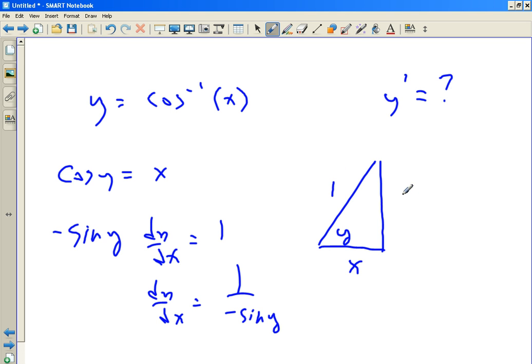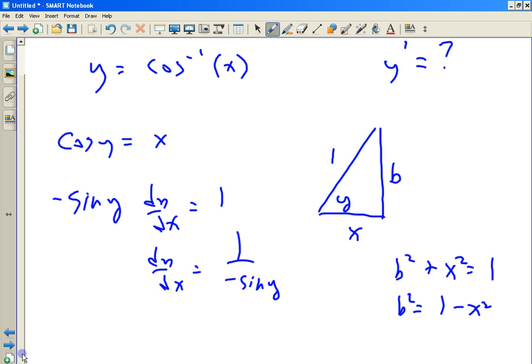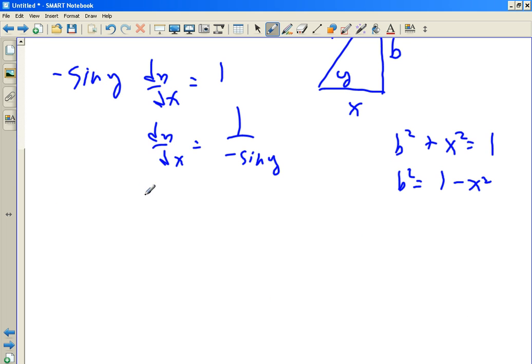If you call this b, you get b squared plus x squared equals 1 squared, so b squared is 1 minus x squared, so b is the square root of that. So I want negative the square root of that. So dy dx is the opposite of 1 over rad 1 minus x squared. I'll put the negative on top, doesn't matter.